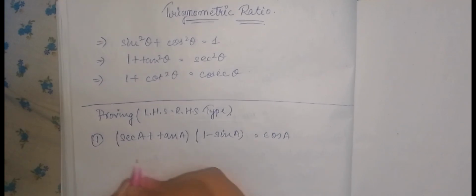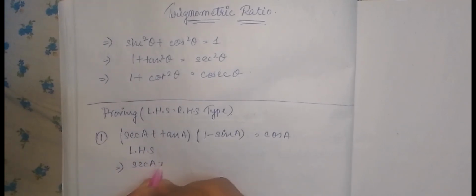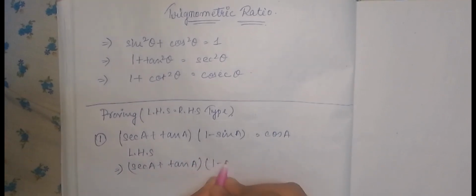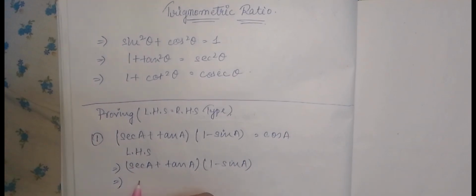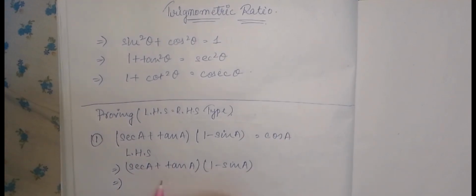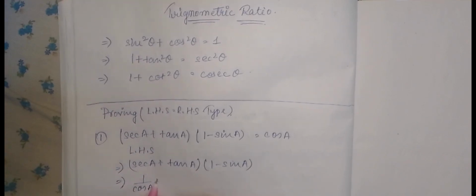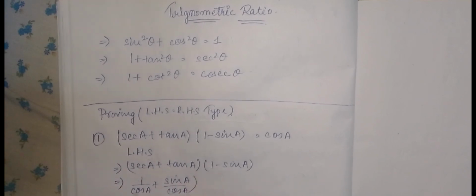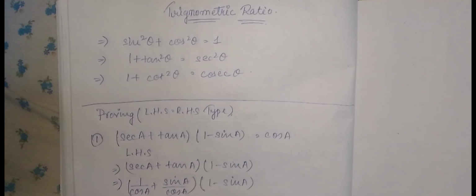So we will start with the left hand side, which is given as (sec A plus tan A) times (1 minus sin A). In the next line we will break sec and tan into sin and cos. So it will be written as (1 by cos A plus sin A by cos A) times (1 minus sin A).